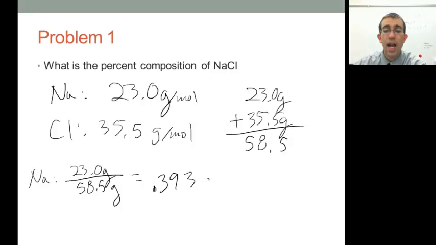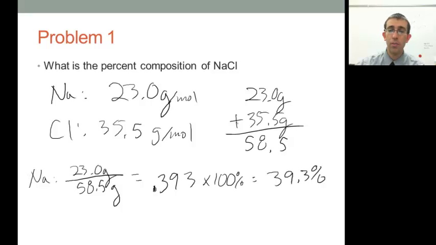Okay? And then I'm going to multiply this by 100% to get it in percent form. When I do that, you get 39.3%. So this is the percent composition of sodium in sodium chloride. Unless it specifies, you'll do both.